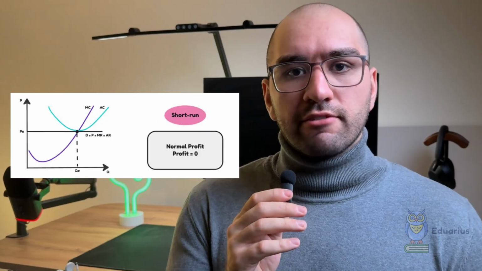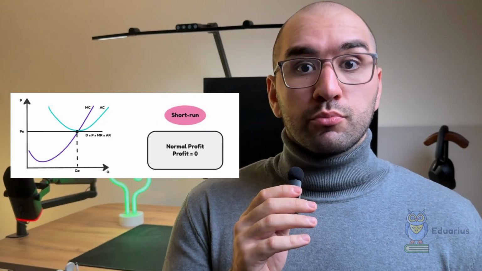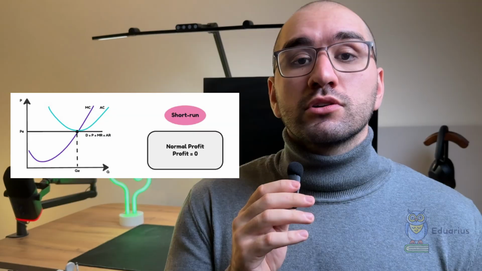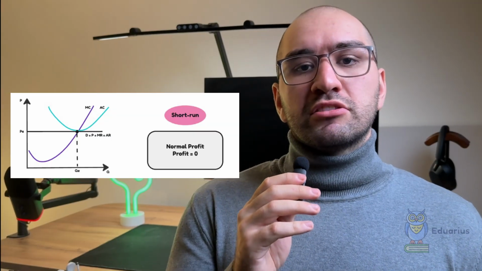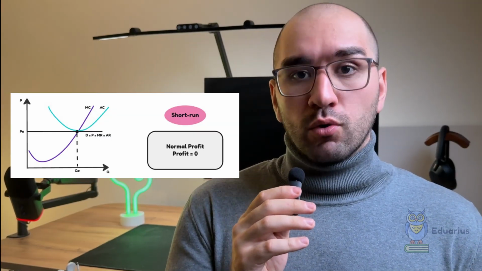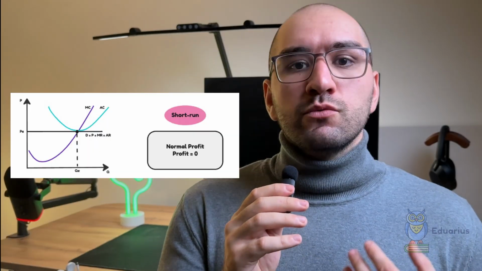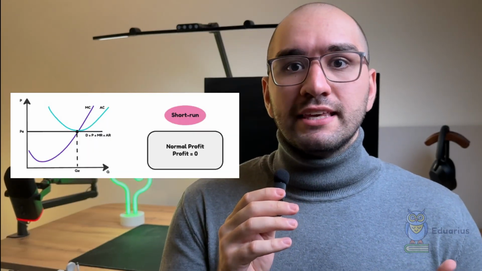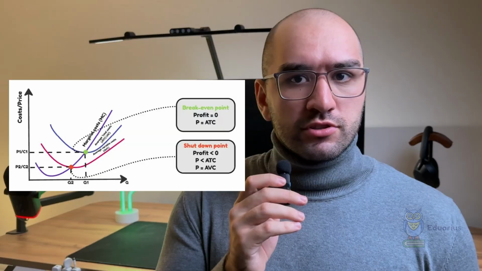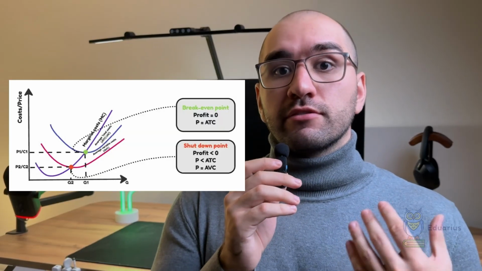And on the third graph, we see normal profit where profit equals zero in the short run. We find the point of intersection of marginal costs and marginal revenue, and we already see that profit equals zero. Moreover, it is important to take into account this graph. We have here marginal costs, average total cost, and average variable costs.